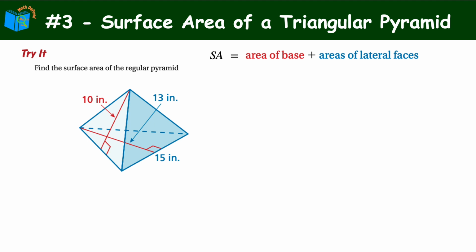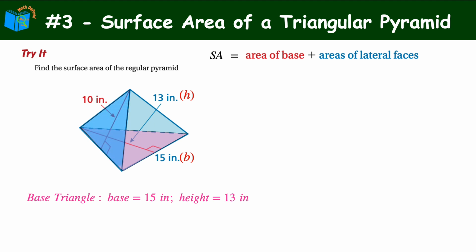Why don't you try this one on your own? Pause the video and then come back to see how you did. This diagram has a lot of information, so let's break it down by identifying the parts. The base of the pyramid is this triangle at the bottom. The length of its base is 15 inches, and its height is 13 inches.